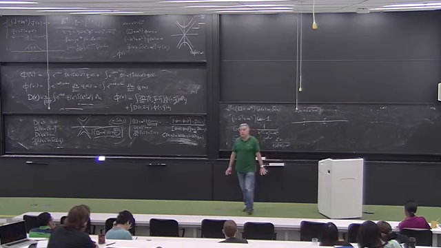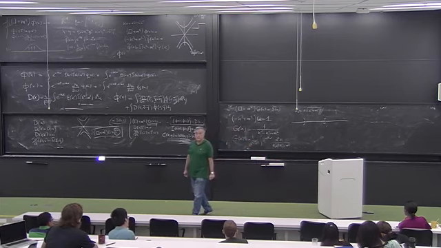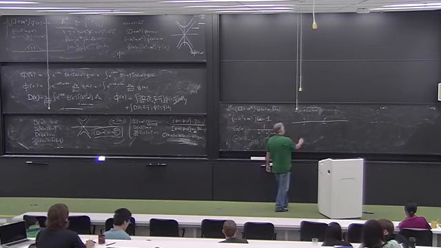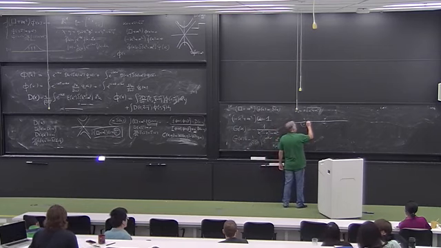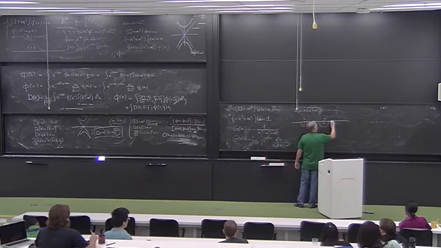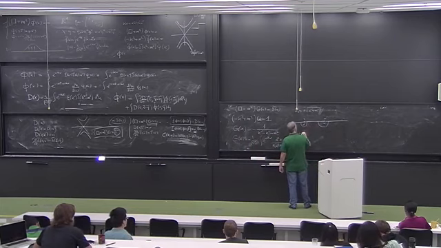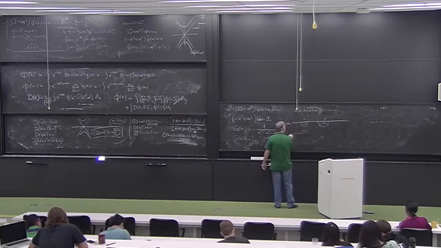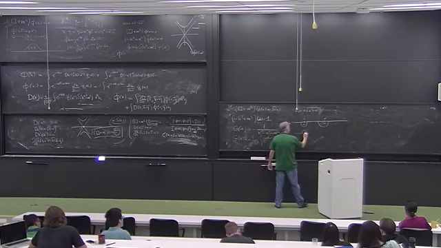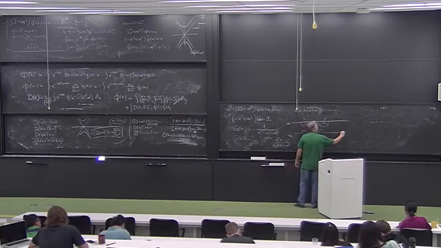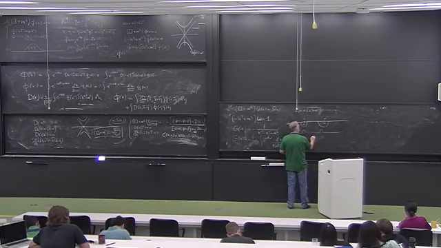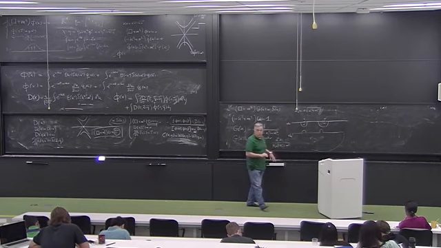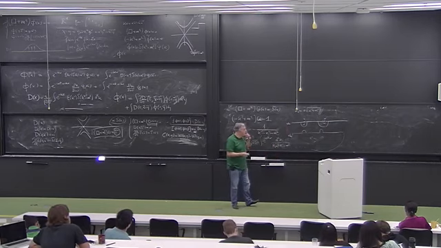Is every one of you familiar with these things? Okay. So this means that in one case, this is your integration cycle. In the other case, this is the advanced integration cycle. This is the retarded integration cycle. In one case, when x0 is positive, you can close the integration path in the lower complex plane.